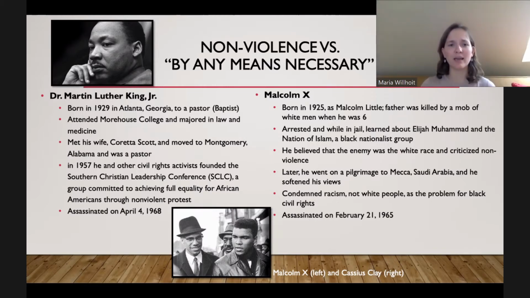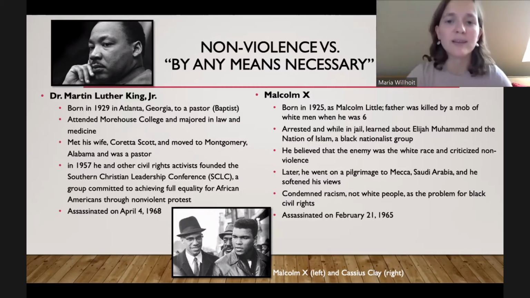So Martin Luther King, he was born to a pastor, like a religious leader, a Baptist priest. So he grew up in a different environment than Malcolm X, who was born as Malcolm Little. Actually, that's Malcolm X. The X is not his original last name.